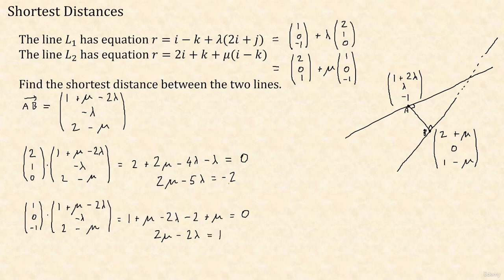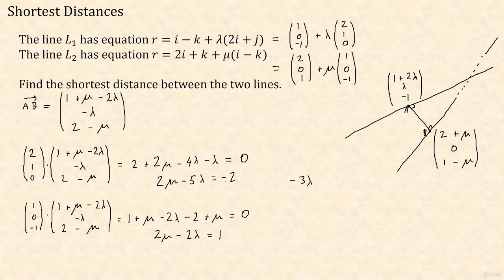And what we've got here is just simultaneous equations, right? I've got these two lines with two unknowns. So I can actually just subtract these, right? They're set up nicely for that. So 2 mu minus 2 mu is 0. Minus 5 lambda minus 2 lambda is minus 3 lambda.